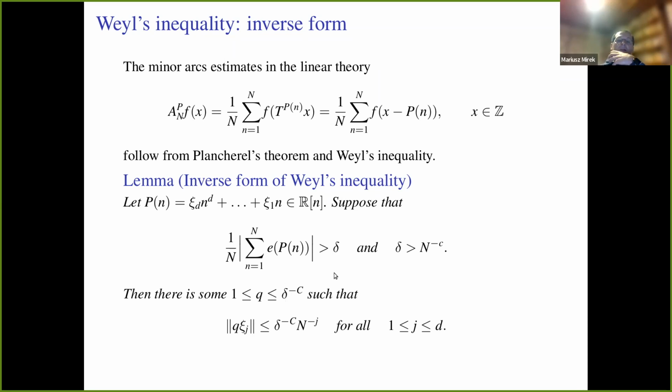And now, for instance, if we assume that the Fourier transform of our function is supported on minor arc, which is the complement of major arc, then this inequality says precisely the inverse form. It says that this part should be very small, should be negligible, because our frequency cannot be supported simultaneously in major and minor arc.